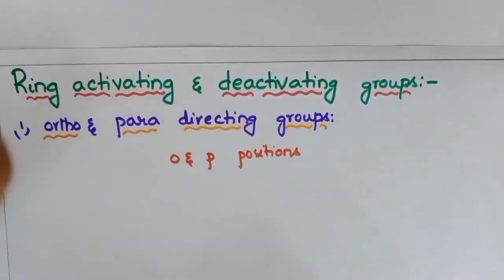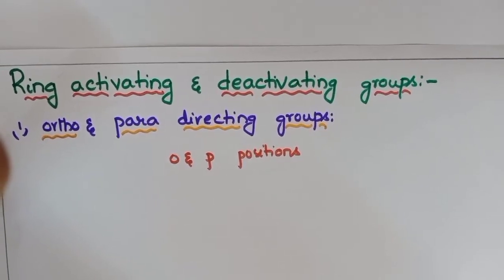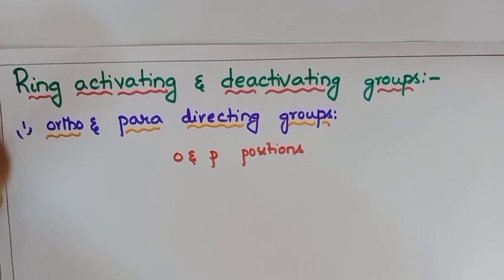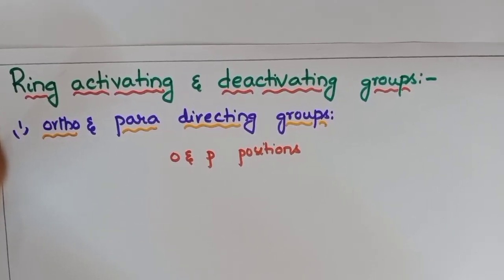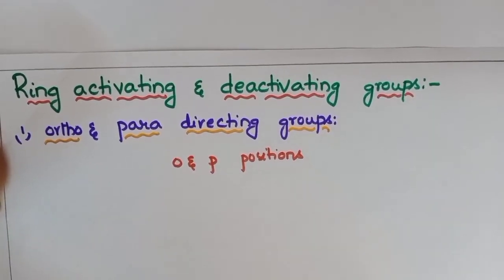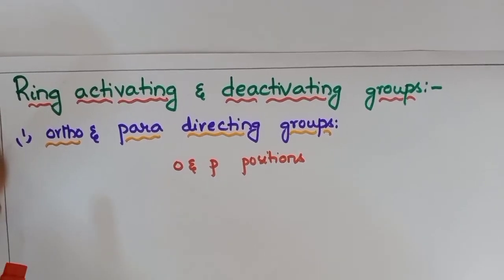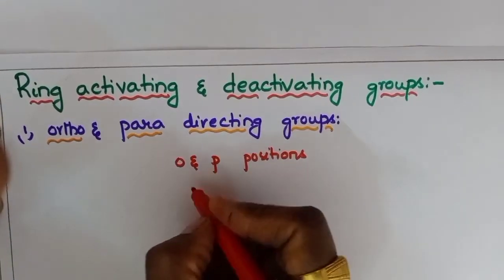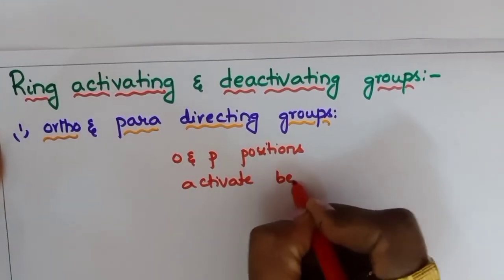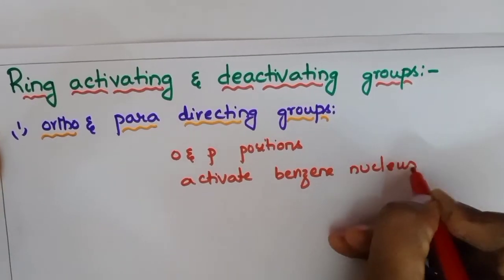Okay, students, so how do we define ortho and para directing groups? The groups which direct the newly entering group or atom to ortho and para positions are called ortho and para, or simply O, P directing groups. Okay, and these groups, students, activate the benzene nucleus. This point also you can write. They activate benzene nucleus.